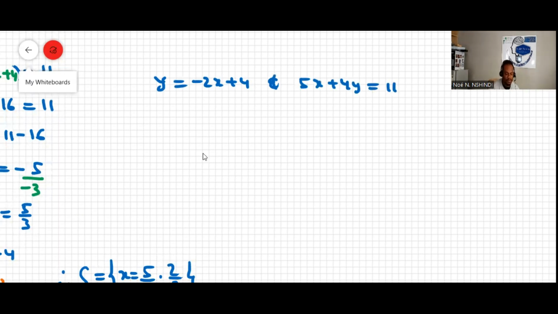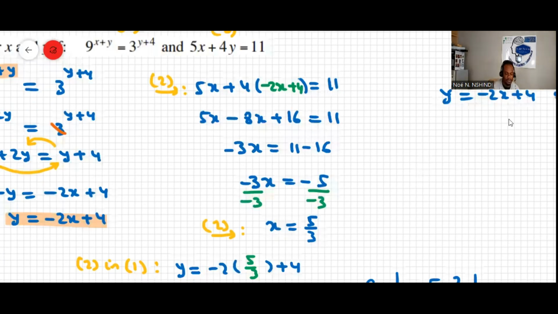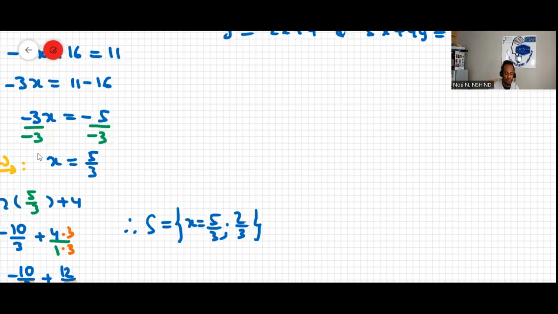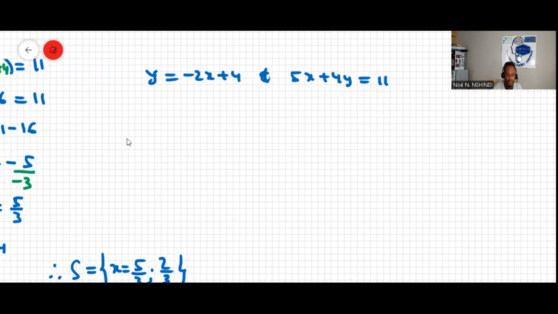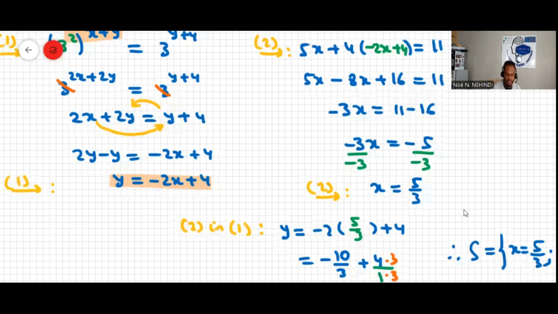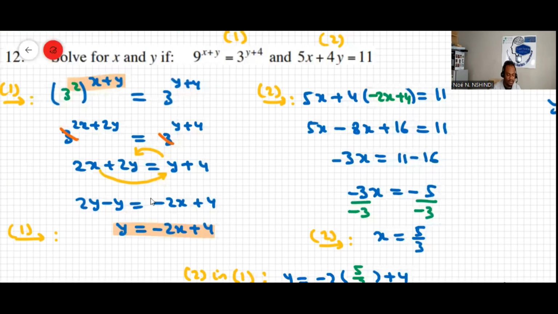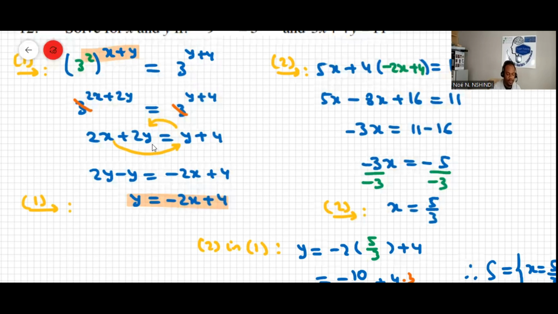Let me double check. Yes, 5x plus 4y equal to 11, and then negative 2x plus 4. We could solve this by elimination. I'll write here y. Let's just stick with that.